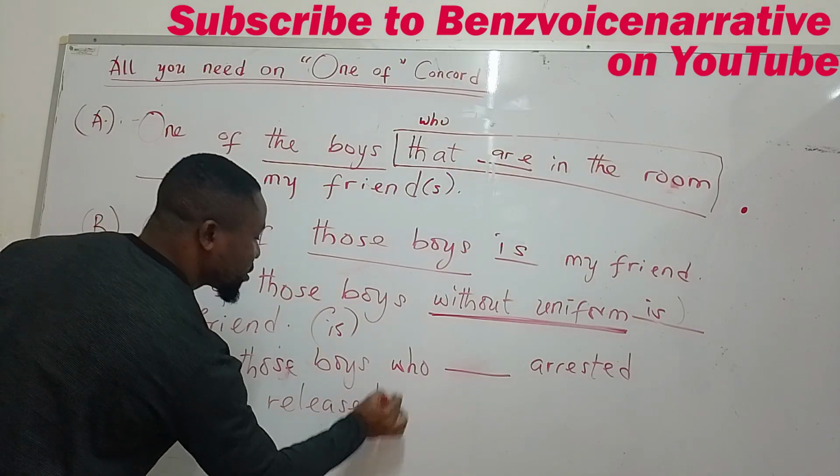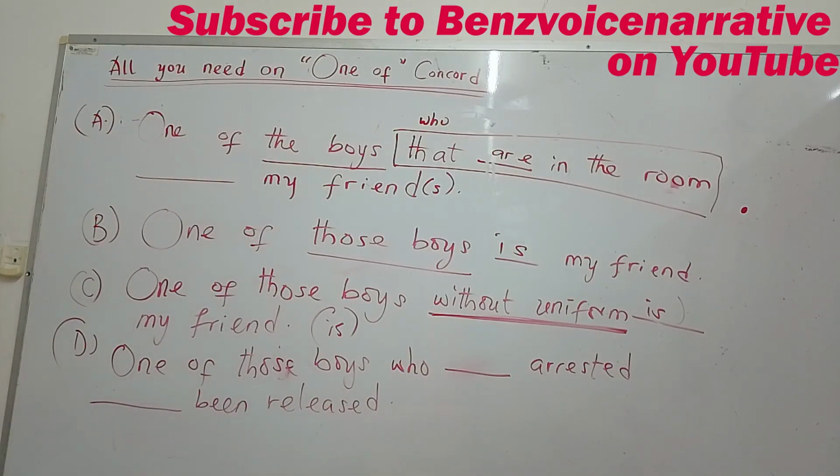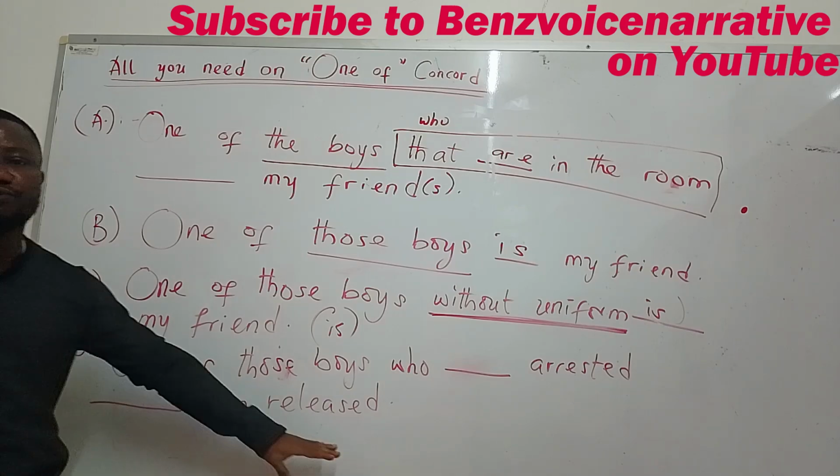One of those boys dash been arrested. I'm checking whether I'm still within frame. Oh, this is 32 minutes. That's a lot of time already. One of those boys who dash arrested dash been released.